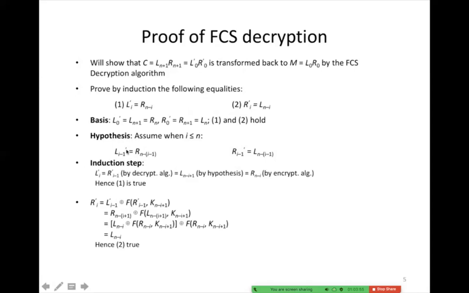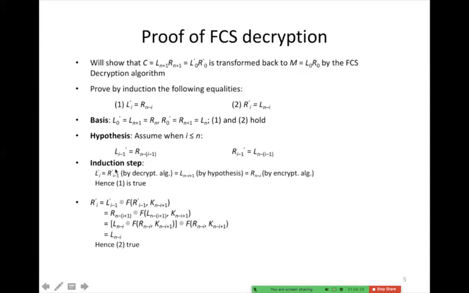So we assume that for any i less than or equal to n, L sub i minus 1 prime is equal to R sub n minus (i minus 1). Likewise, we assume that for all i less than or equal to n, R sub i minus 1 prime is equal to L sub n minus (i minus 1).